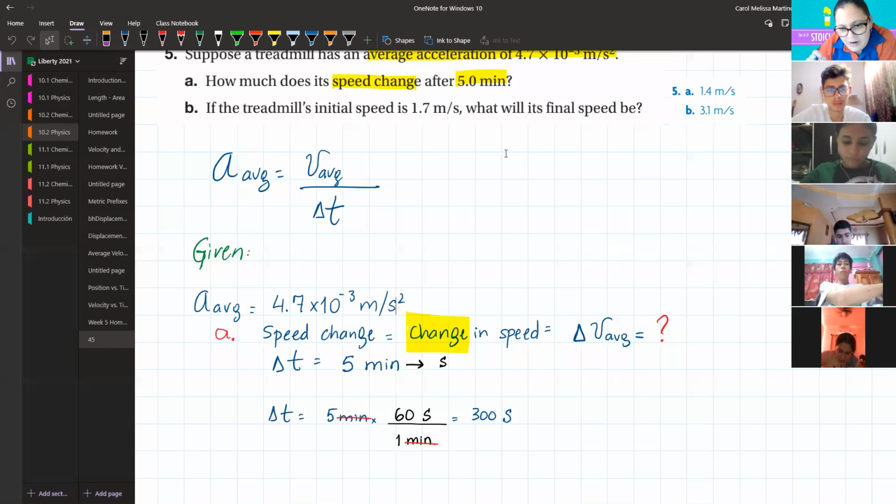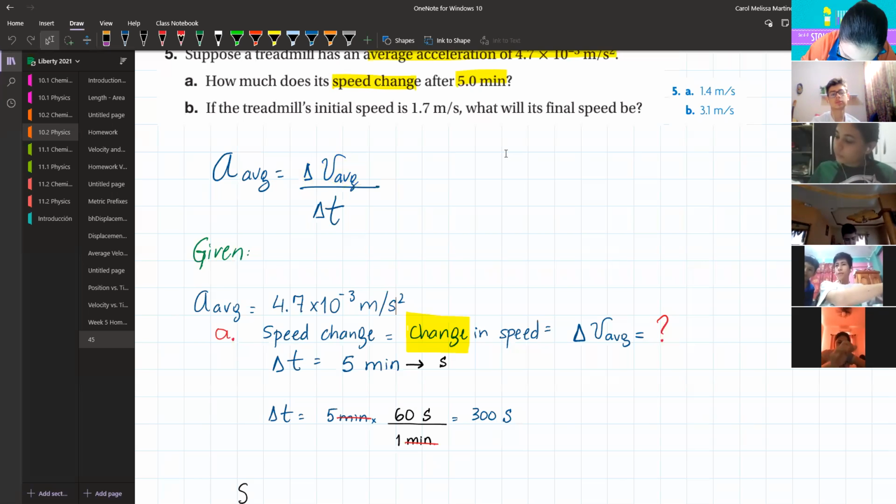So I need to find delta v average. Actually, sorry, I didn't write it, but the equation actually has a delta symbol in it. So you're isolating, and you will need to find delta v average.